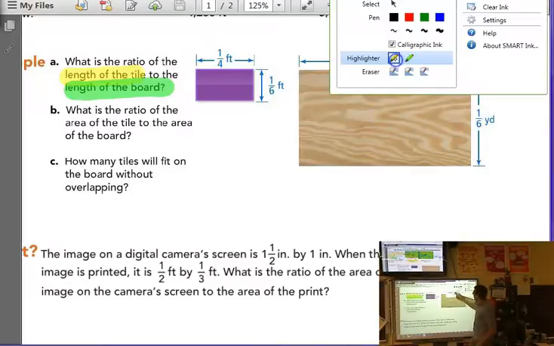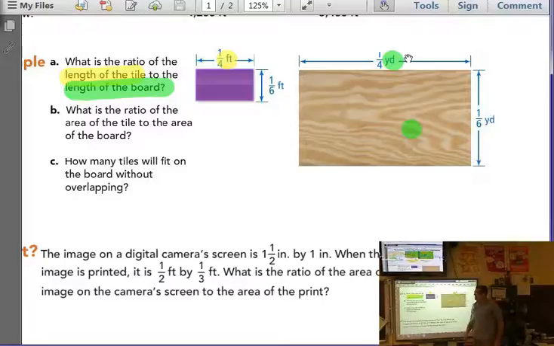Yards and feet are not the same units. To set up a ratio, what do we know about our units? They need to match, right? Because a ratio is going to come out to just be a fraction. So, to set up this ratio, I need to convert either feet into yards or yards into feet.